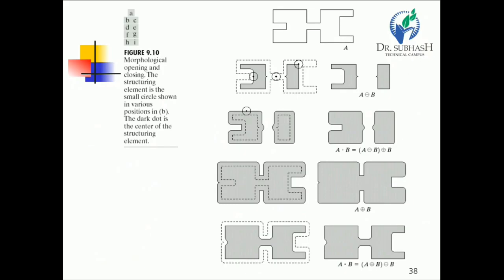Now this is an example of morphological image opening and closing. We use different figures for the representation. The structuring element is a small circle, shown in various positions.